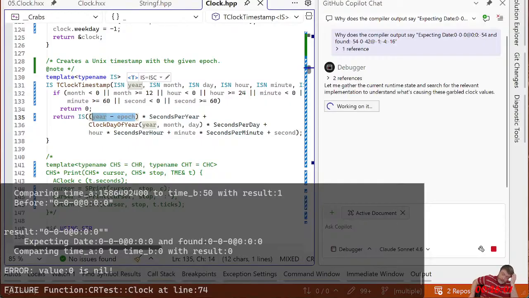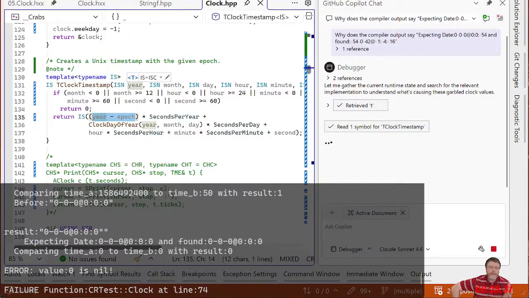Okay, so this works. This makes sense for a Unix timestamp. So the epoch is like 1970 for a Unix timestamp, right?